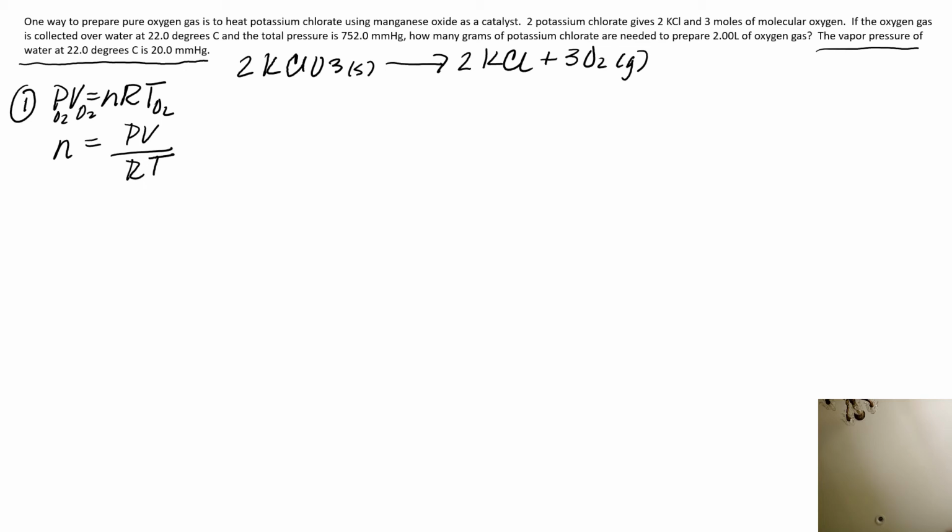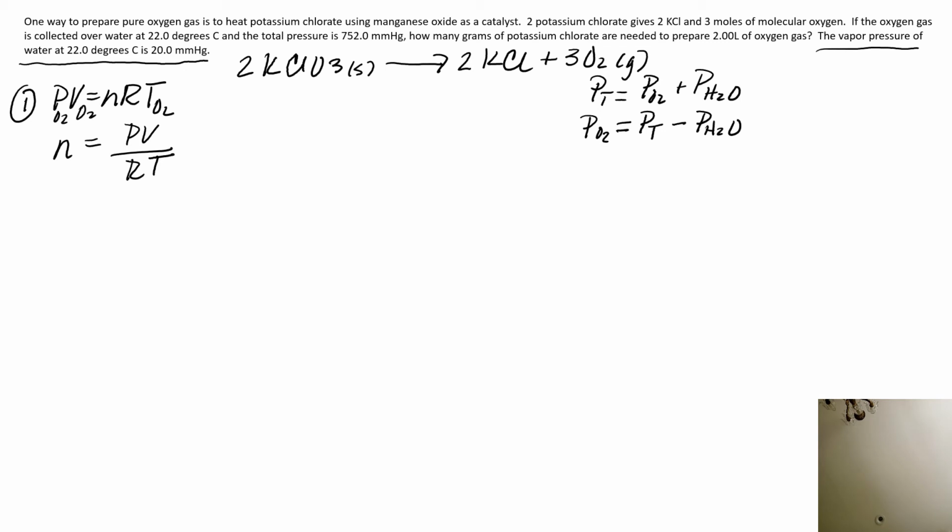And let's see, P total equals P of O2 plus P of H2O. P of O2 then is found by subtracting the vapor pressure of water from P total. Our pressures are given in millimeters of mercury.